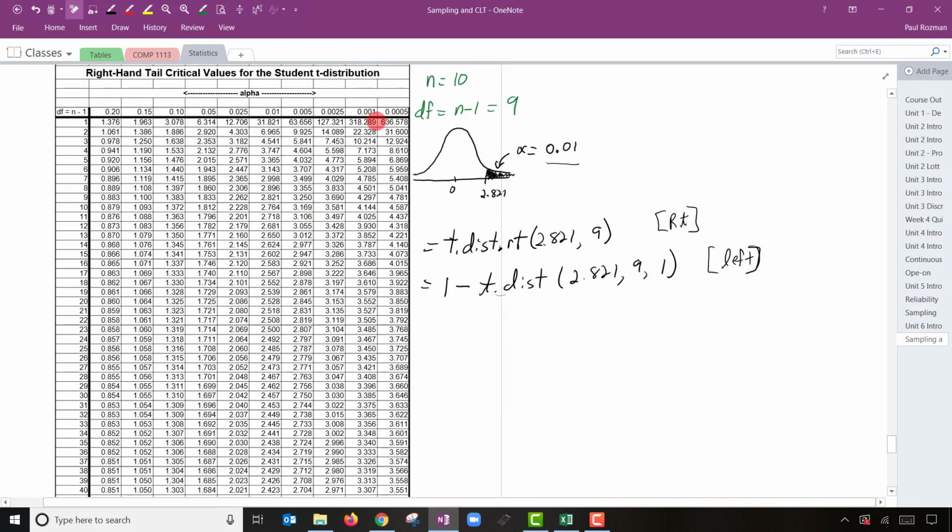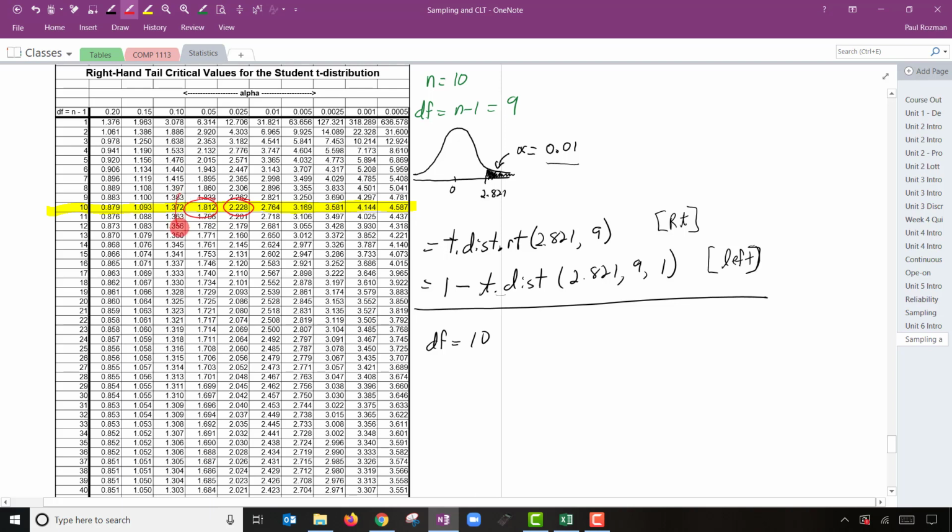I'll erase all this scribble here. In our example now, we have a df equal to 10, right? Our sample size was 11. So now we're in this row, and we're looking for 2.21. It's not there. It's pretty close to this one.